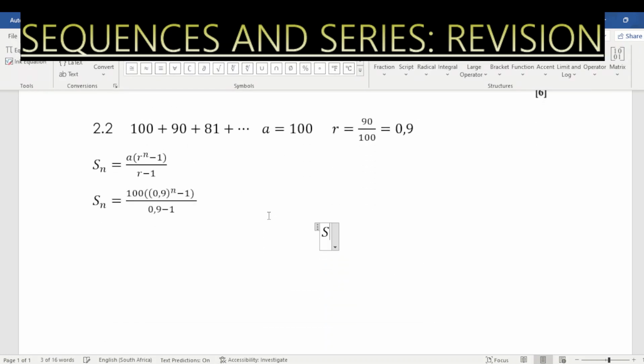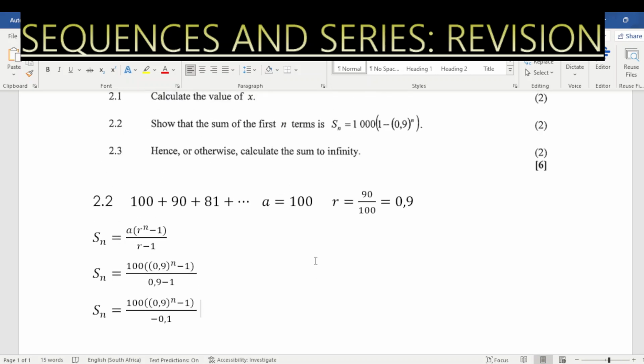Okay, now we can simplify. So Sn equals, the denominator is negative 0.1. In the numerator we have the 100, and then in brackets we have the 0,9 to the n minus 1. Okay, so we try to see where we are going here. Look at what we need. The one thing that you can also probably see is that this is flipped around.